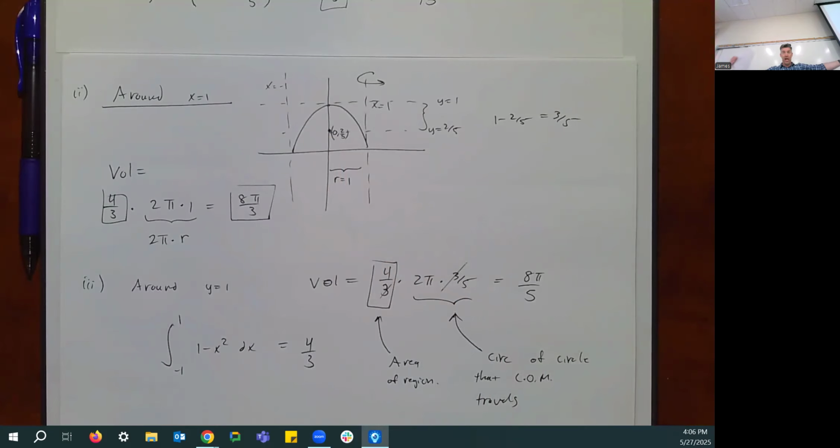Its volume would be the area of the paper multiplied by the distance it traveled. It's just that now the distance is circular instead of linear. So we're taking this area of 4/3 and multiplying it by the circumference that the center of its mass is traveling, which is 2 pi times however far that center of mass is from the axis of rotation, which is different depending on the problem.